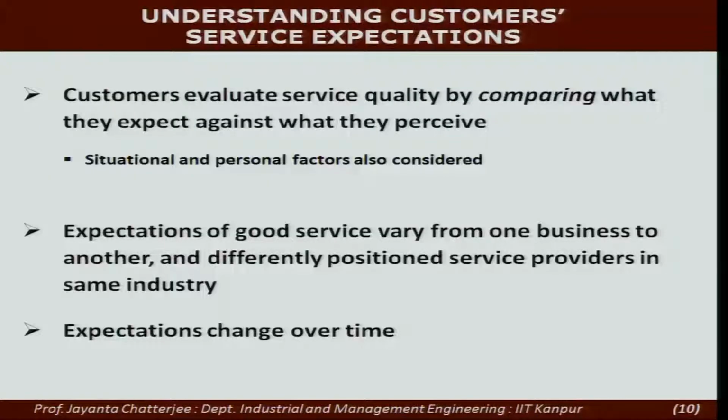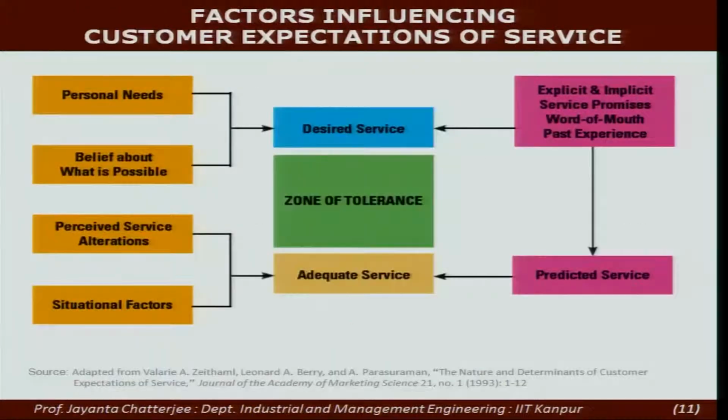There are many different variations in expectation, and understanding this pre-encounter expectation is crucial for creating a good service experience as the customer flows through the service. I will conclude with this particular diagram.